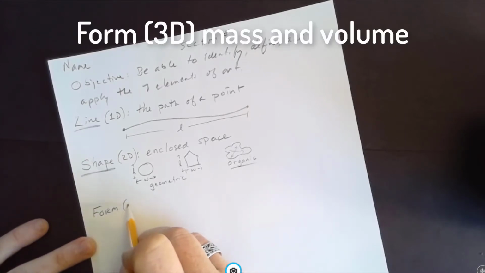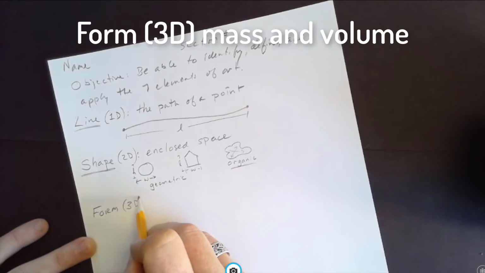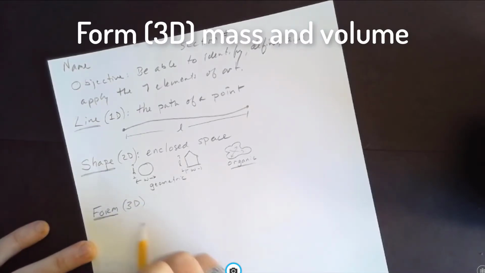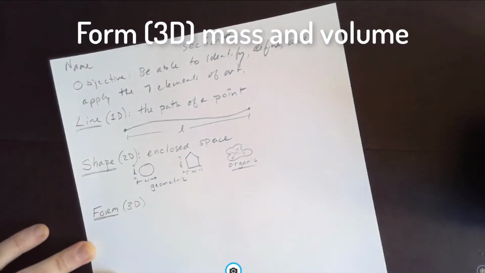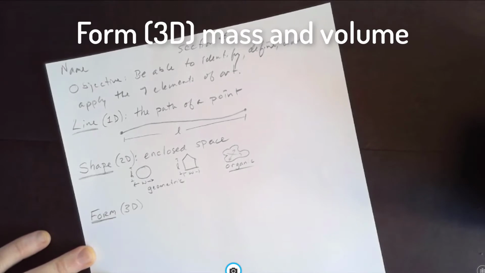Form. And how many dimensions do you think form has? Form has 3 dimensions. We live in this kind of a 3-dimensional world, or at least visually it looks 3-dimensional. The 4th dimension could perhaps be time, and some speculate there are more dimensions, just not visual dimensions.